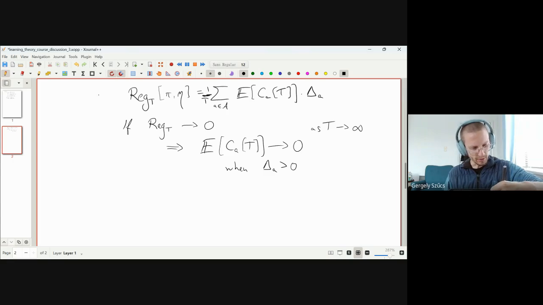I just wanted to say that this is a pretty central equation. It's sometimes called the bandit equation, or bandit regret decomposition.